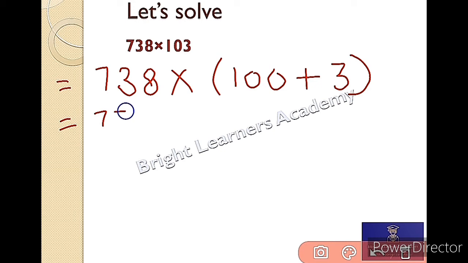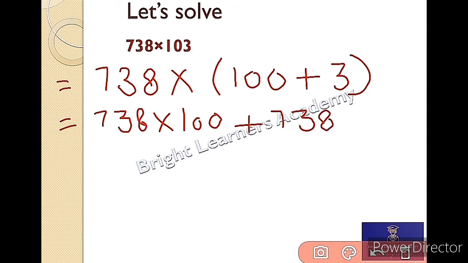So it would be 738 multiplied by 100 plus 738 multiplied by 3. So this multiplication is very simple, just add 2 zeros. Now let's multiply 738 by 3.